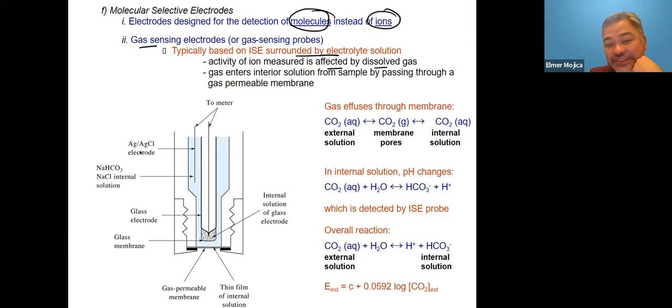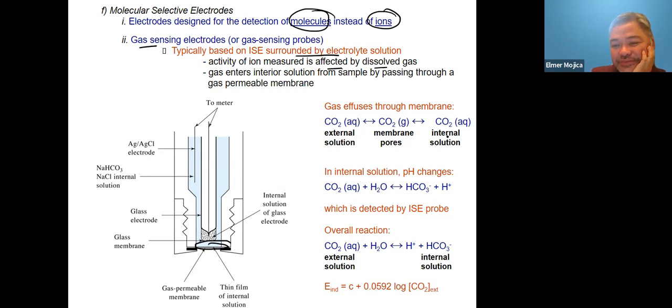Again, nandun pa rin yung silver chloride electrode. Okay, so meron kang parang tinatawag na internal solution, a sodium bicarbonate or a sodium chloride. So meron kang glass electrode doon, may glass membrane. Tapos yung internal solution ng glass electrode at nandoon yung gas permeable membrane mo. So when the gas effuses through the membrane, so you will see there, oh, there's a CO2 in the external solution, in the membrane pores, and the internal solution.